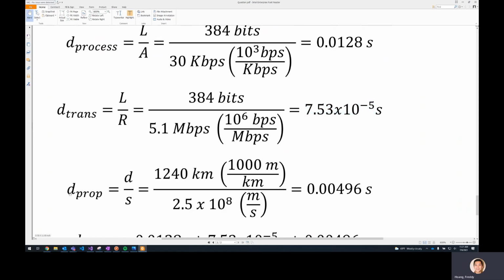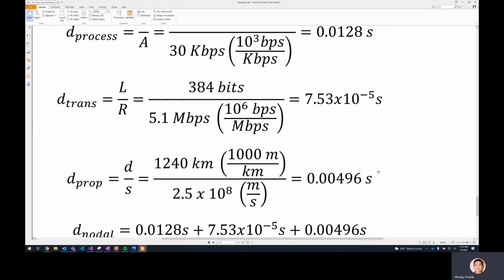And then here I can calculate the value for propagation delay, which is essentially just the distance divided by the travel rate. So this is 1,240 kilometers, and we know that there's 1,000 meters per kilometer, so multiply by 1,000, and you divide by the speed here, which once again gives a value of 0.00496 seconds.